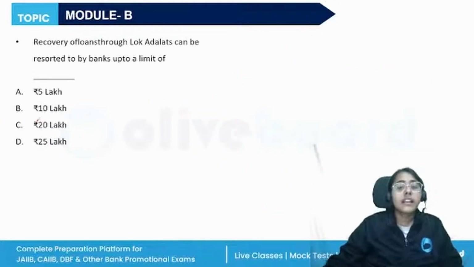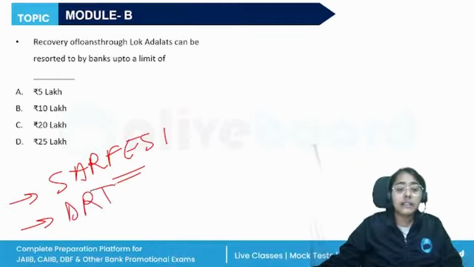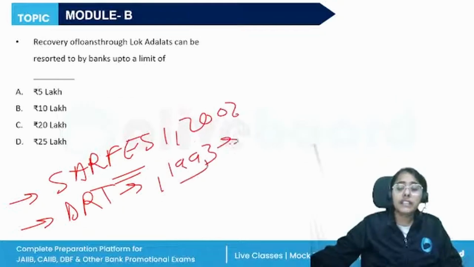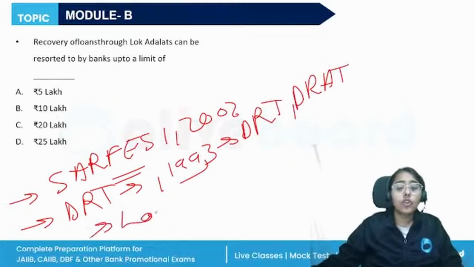Then, the recovery of loans through Lok Adalats can be resorted to by the banks up to a limit. So, recovery of loans can be either using SARFAESI, under which the intervention of court is not required, or it can be through the DRT Act, the Recovery of Debts Due to Banks Act of 1993; SARFAESI 2002, DRT Act 1993, wherein special courts DRT and DRAT are created, or it can be through the Lok Adalat.